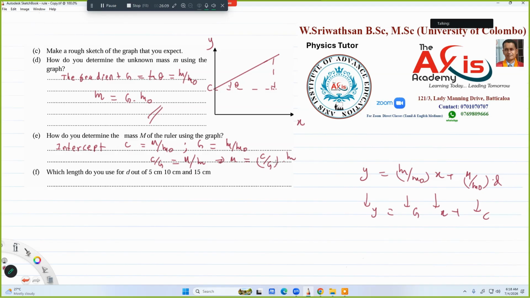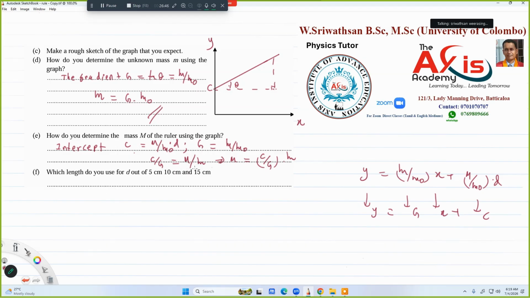Right. There should be a D here, right? C is equal to capital M over M naught into D. If we divide C by G, M naught will be cancelled out.